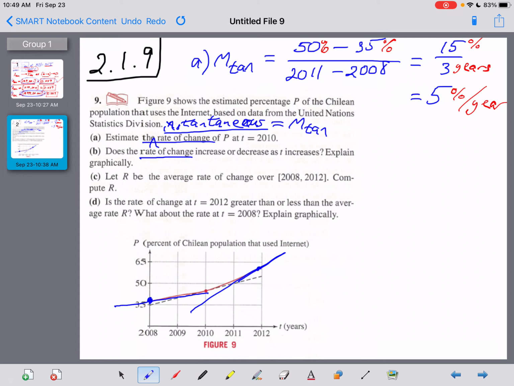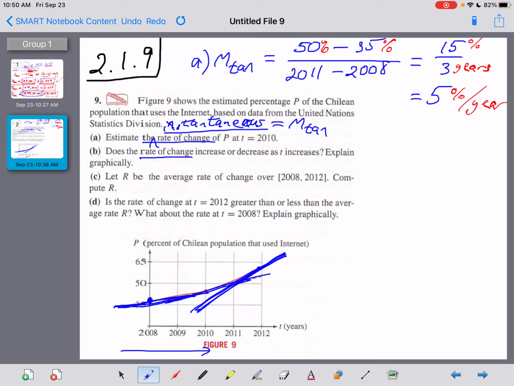Now, if you compare those 3 tangent lines, the question is, as we move from left to right, is the slope of those 3 tangent lines staying the same, or getting steeper, or getting less steep? Well, as I think you can see, the tangent line that I've drawn on the right here in blue is the steepest out of the 3. The one on the left is the least steep, or the shallowest, and then of course the one in the middle is kind of in the middle.